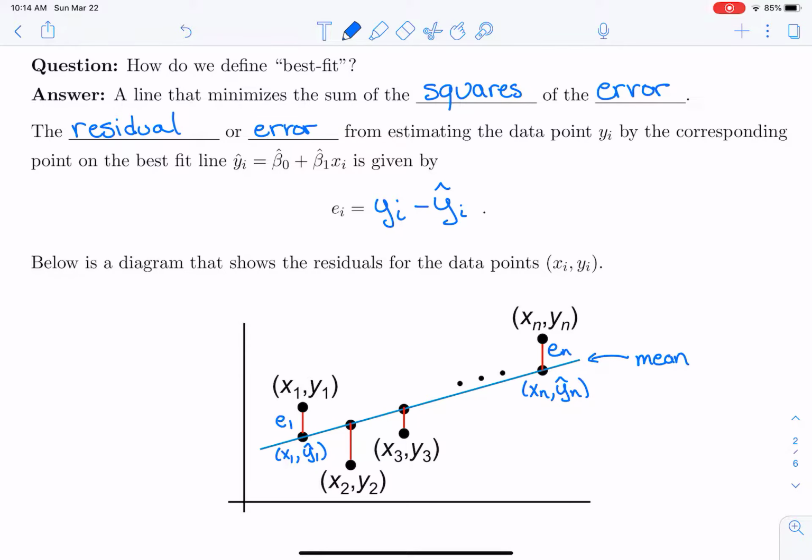And the red lines are giving the variance, or the terms in the variance. So by minimizing the sums of the squares of error, we're minimizing the variance, and that's how we're getting the best fit line.